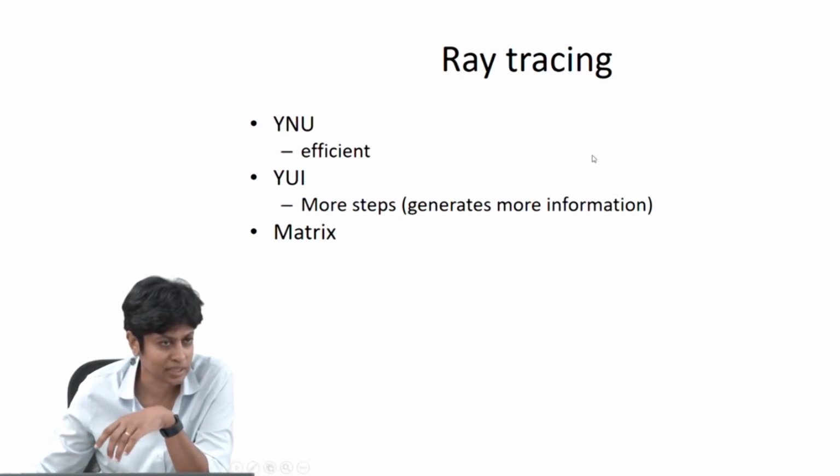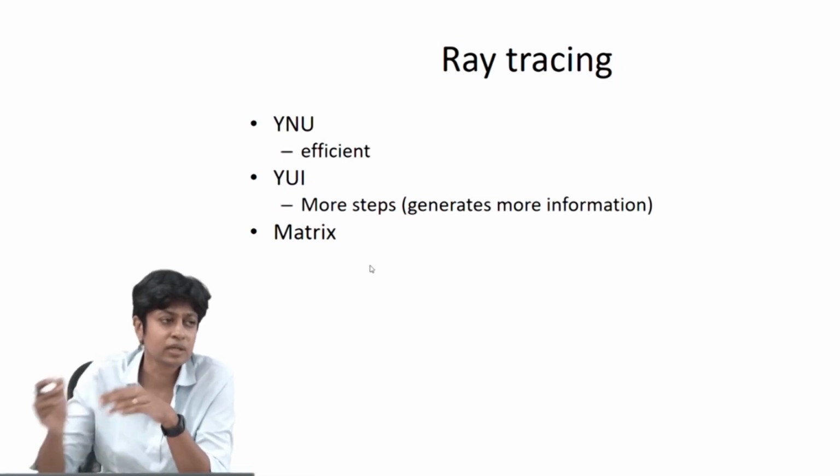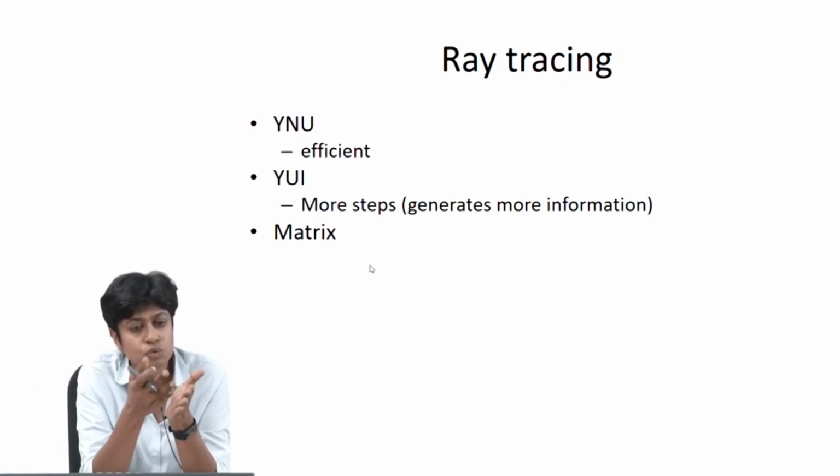It uses this technique, and the matrix method is a slightly different approach to it, and we'll in fact spend some time in this course looking at matrix techniques for tracing a ray. If you think about it, you're tracing a ray through a system.